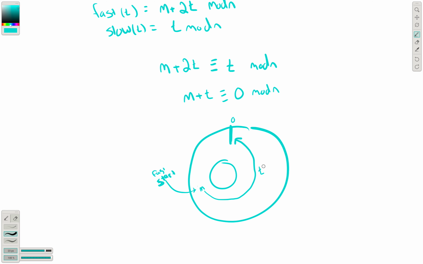For them to be equal, or actually, rather, some multiple of t. So t could actually be like this.